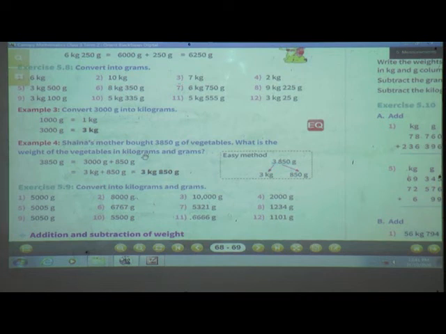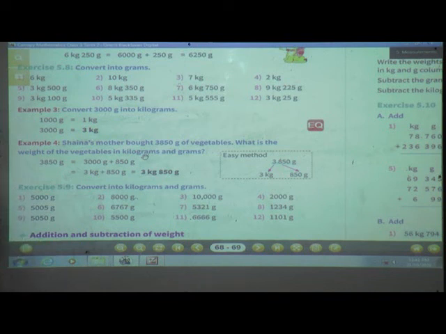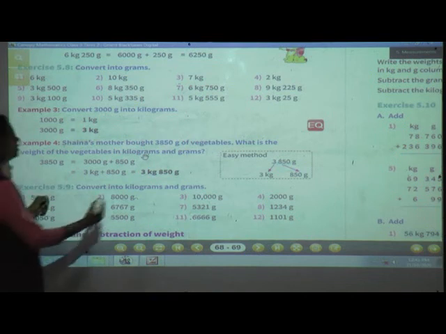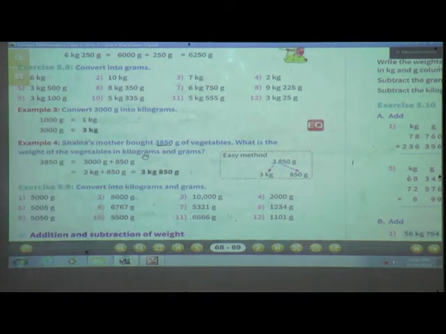Okay. Now we'll see the next example. See here, Shaina's mother bought 3850 gram of vegetables. What is the weight of the vegetables in kilograms and grams? Now see here students, the weight of the vegetable is 3850 gram.